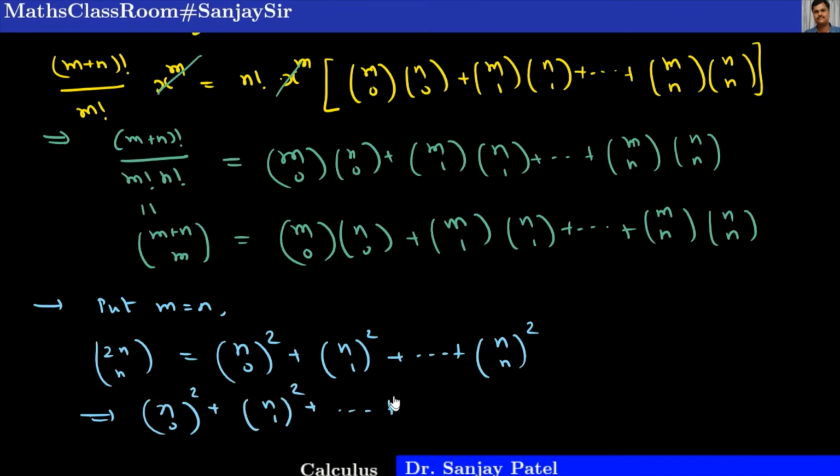So this gives us the sum of the squares of the binomial coefficients, and its value is 2ncn, that I can write as 2n factorial upon n factorial into n factorial, that is n factorial square, and that is the required result. So this completes this solution.